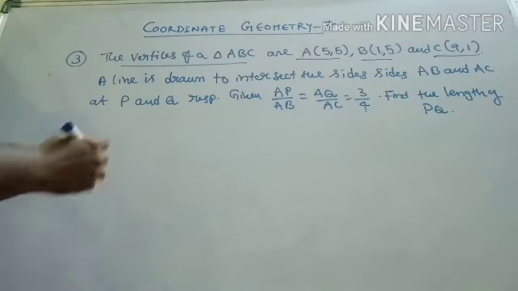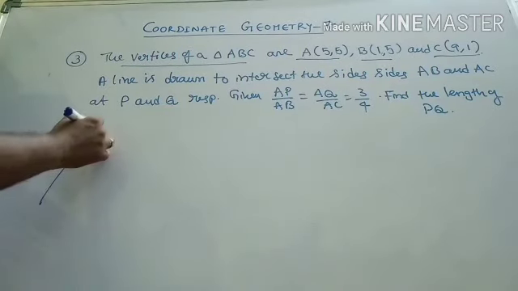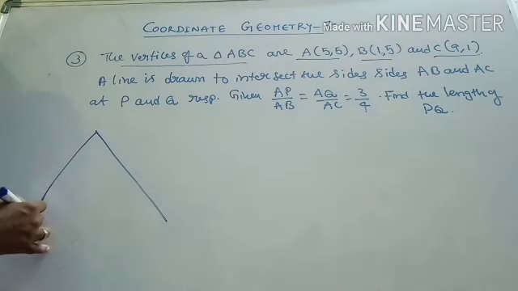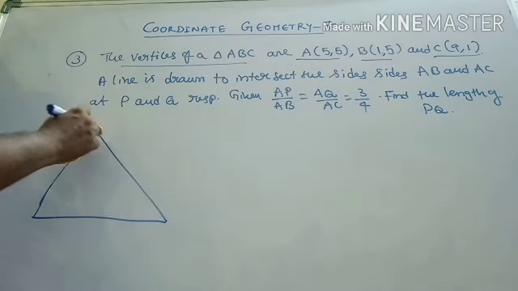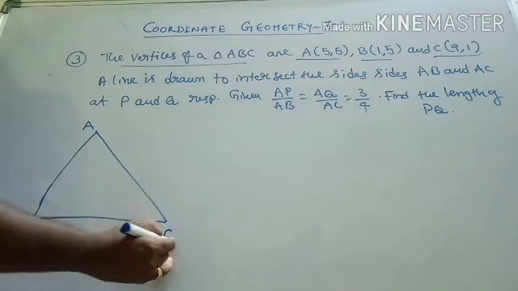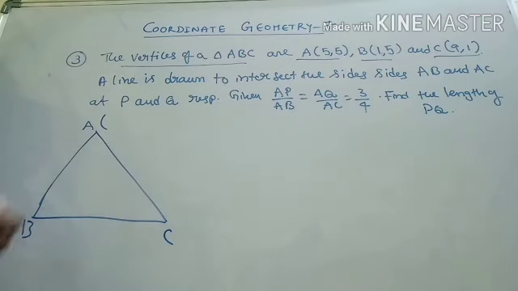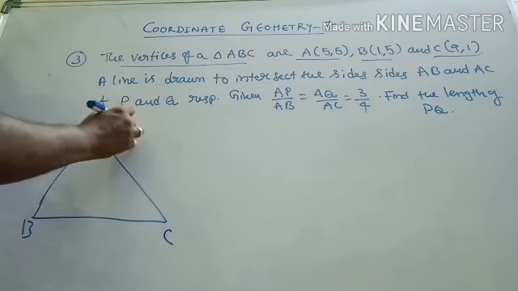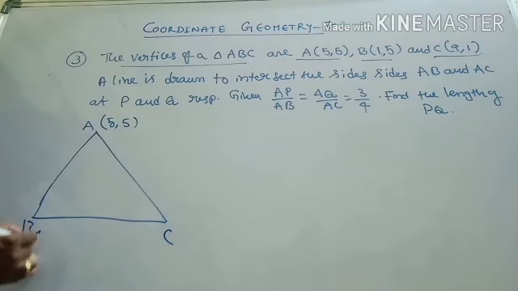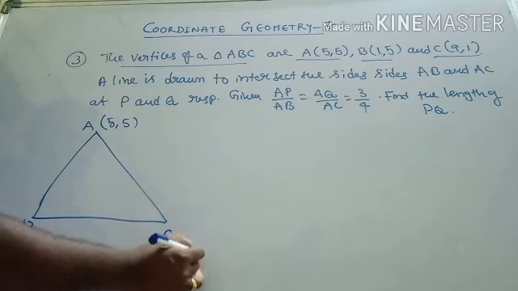A line is drawn, let us draw, dear students, like this. We draw this triangle ABC, with A (5, 5), B (1, 5) and C (9, 1).